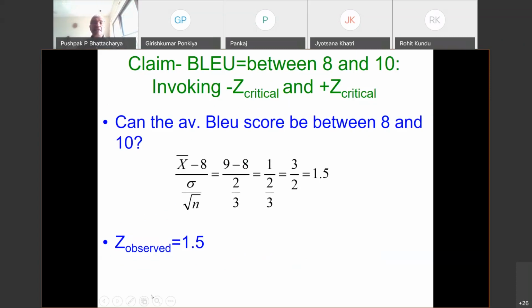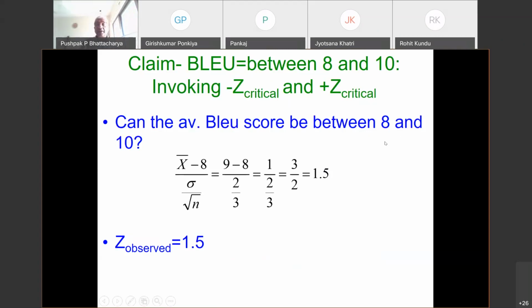Can the blue score be between 8 and 10 is something I ask. My original platform was an interval. My question asked is also an interval. I will call this question a hypothesis. I formulate the hypothesis: the blue score is between 8 and 10.